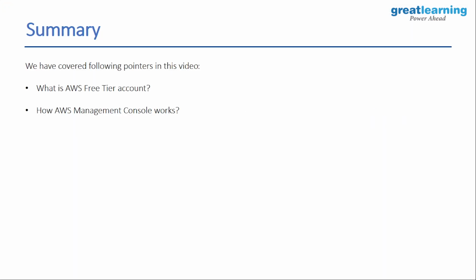So this brings us to the end of this video on AWS Management Console. We've understood what AWS free tier account is and how to create one. We've discussed how AWS Management Console works, how it looks like, what are the options you have, and what are the minor changes or easy accesses you can do using this particular console.